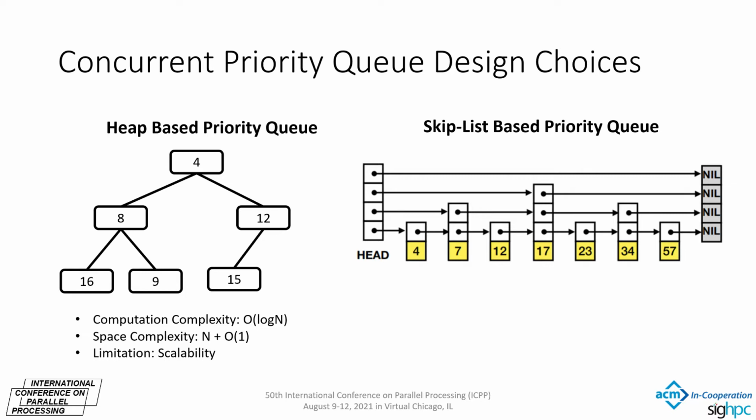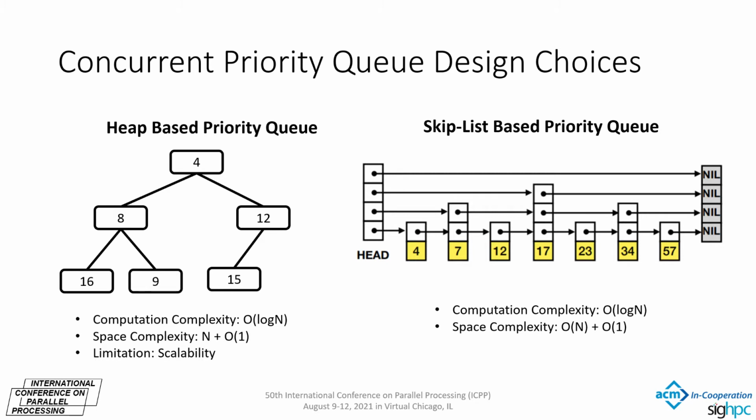Sundell and Tsigas proposed another skip list-based priority queue that is lock-free. They also show that their implementation is linearizable. One of the most recent works was published by Lindén and Jonsson that batches physical deletions. Their design alleviates the contention on the head nodes in the skip list and achieves a speedup of around 30% to 80% compared with other skip list-based implementations.